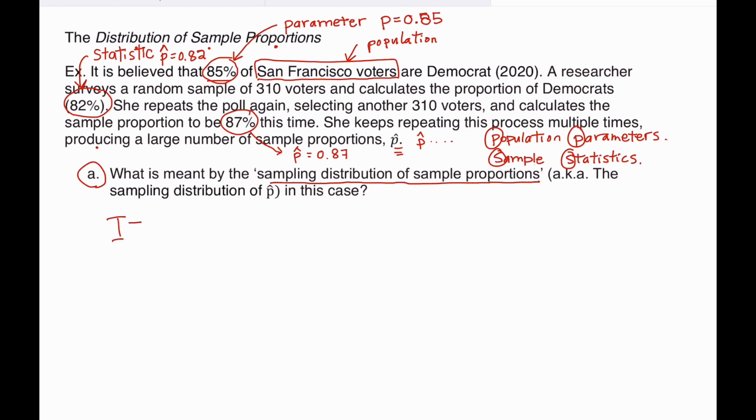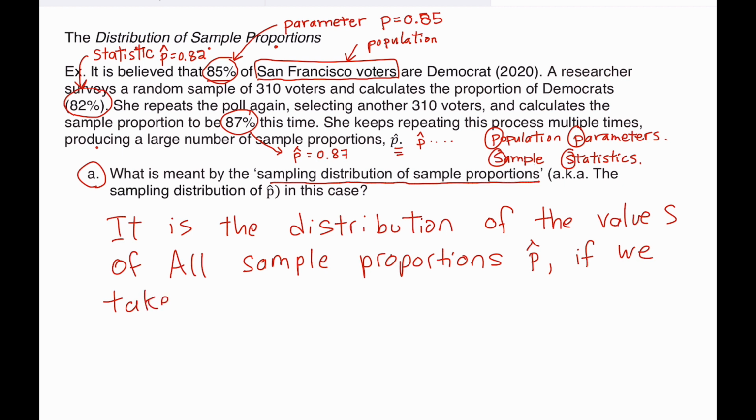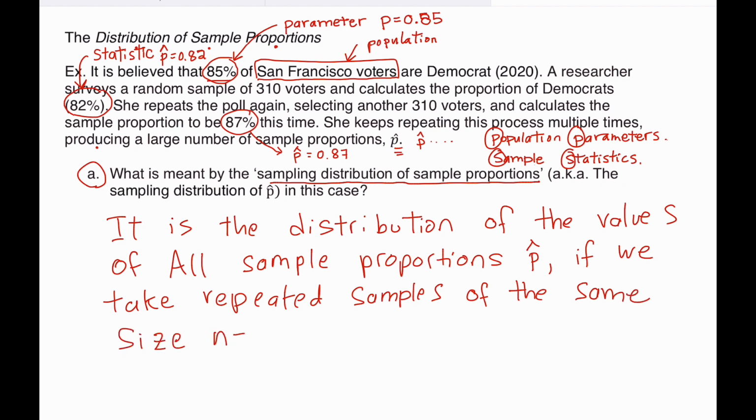And it is simply the distribution of the values of all sample proportions, p hat, if we take repeated samples of the same size, n equal 310.